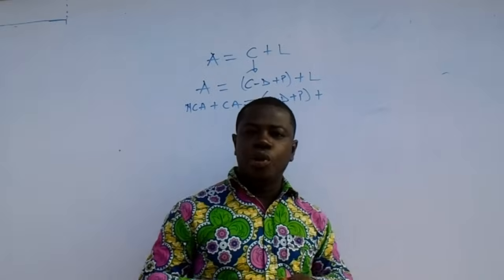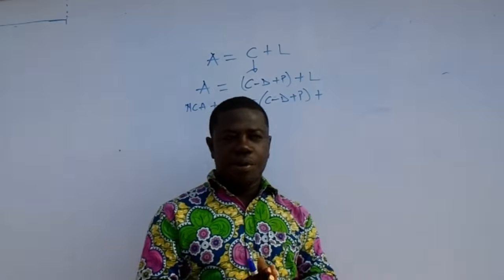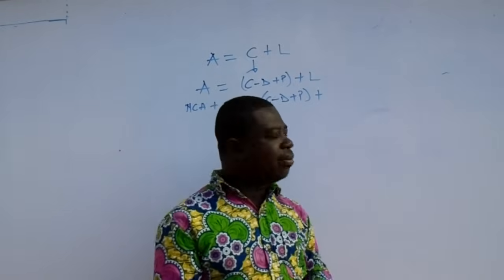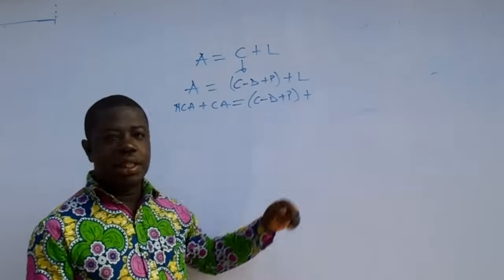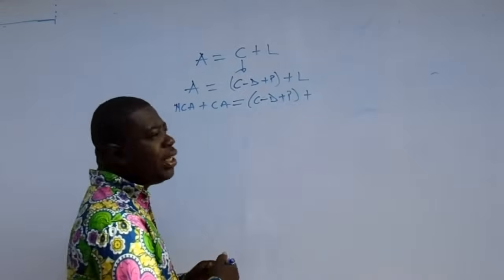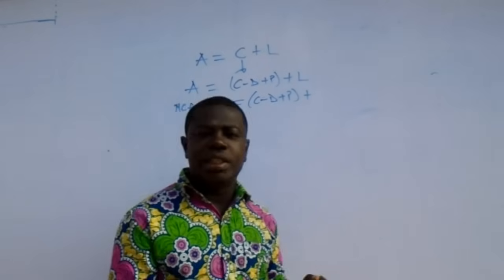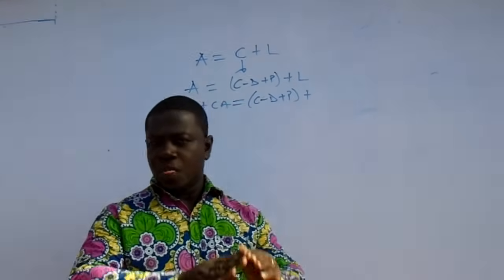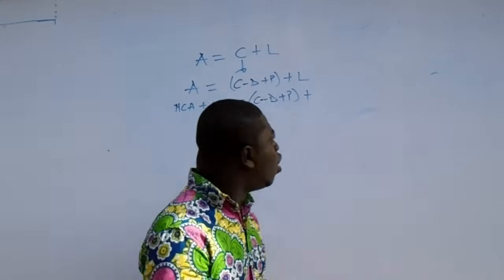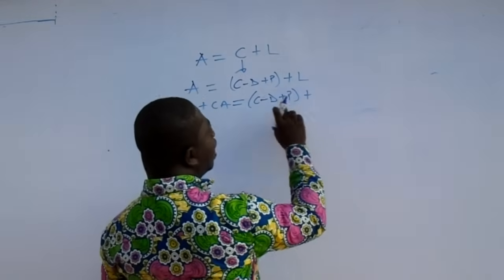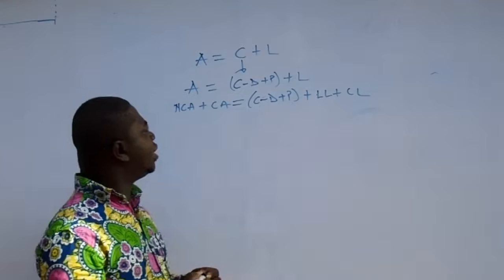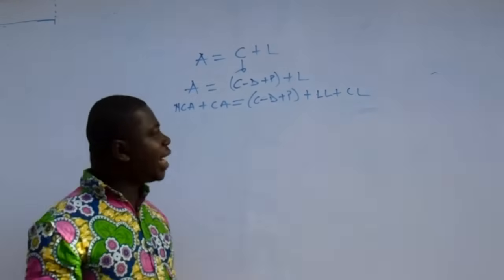Also on the liability side, we have two broad types: the non-current liability, which is the long-term liability, and the current liability. So we split the liabilities into non-current liabilities and current liabilities. So I'll say plus my long-term liability and my current liability. So this is an expansion.